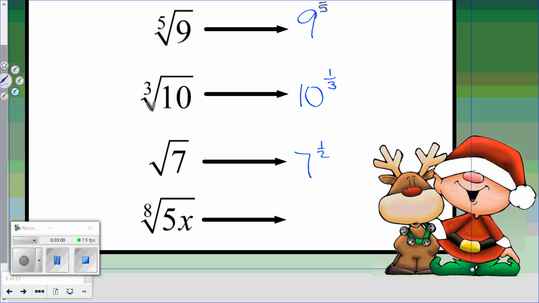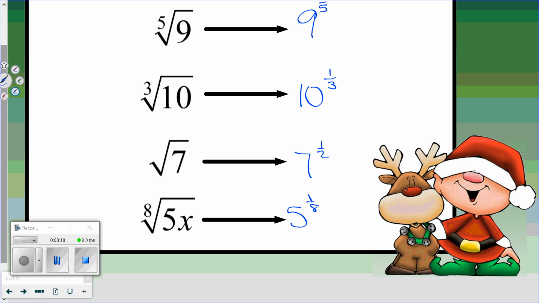The 8th root of 5x. Say that again. Okay, you said 5 to the 1/8 x. Wrong.